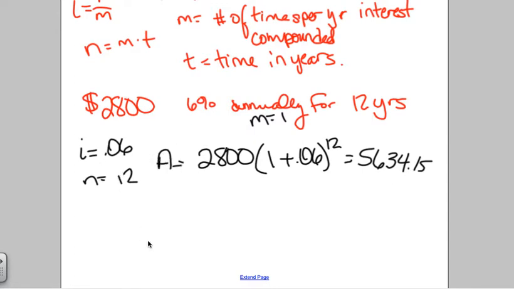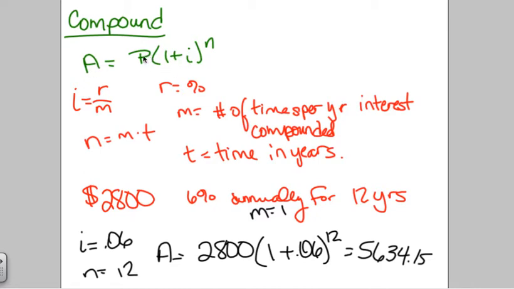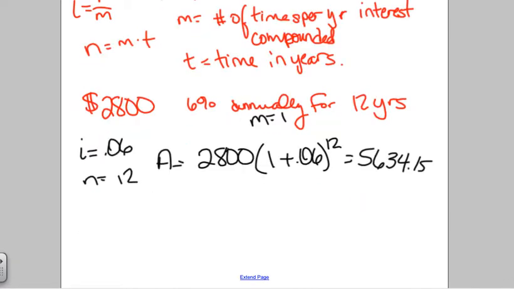What if I want to find the present value? That means I'm then going to divide my A by 1 plus I over N. Alright, make sure you understand your annuity formulas.